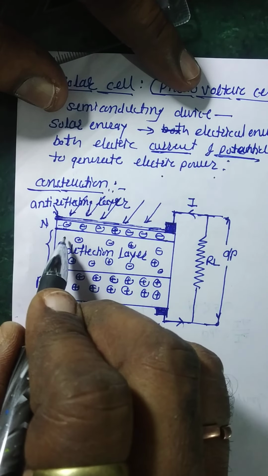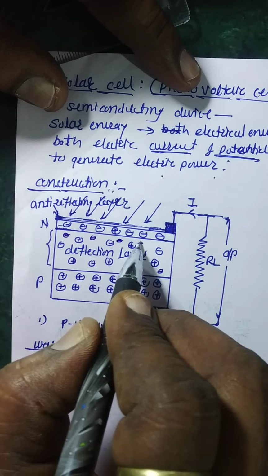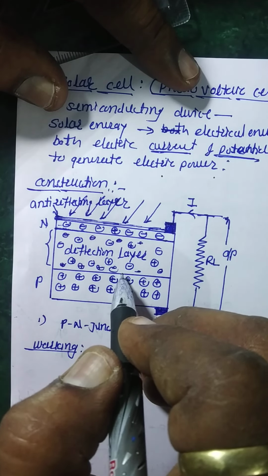Means electrons are collected towards the cathode and holes towards the anode.